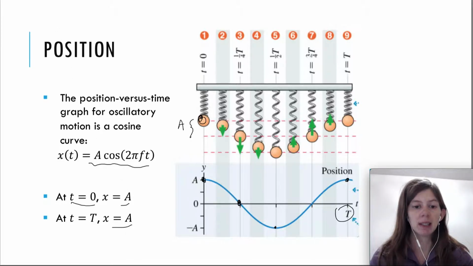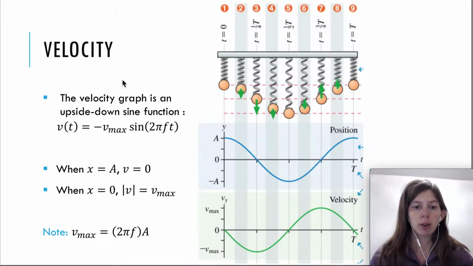So we've already seen this equation, but now we can look at two new equations, one for velocity and one for acceleration. So over here we have the function that describes the velocity of your object that is undergoing simple harmonic motion.